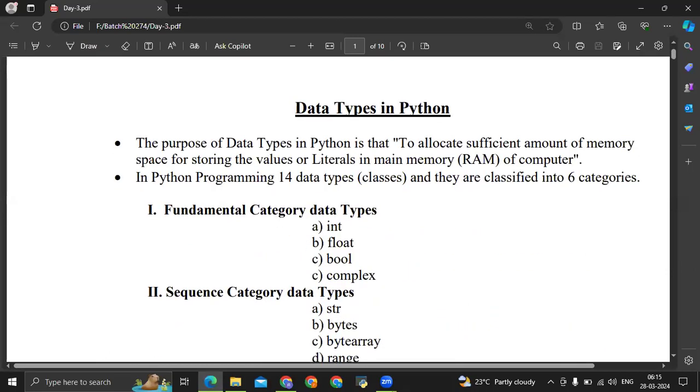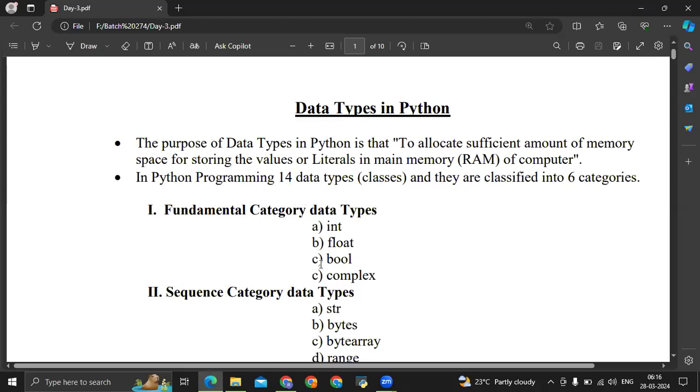To understand, let's start with the fundamental category data type, in which we have int, float, bool, and complex. Int means integer value, float means floating point value, then bool and complex.